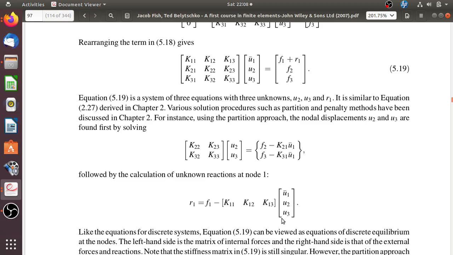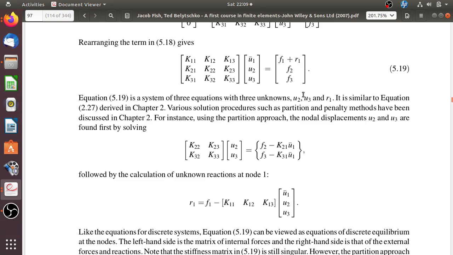Okay, here if you see, everything is known, and like that once I calculate, I also know what is the force at node 1. Okay, so this is how we calculate the nodal values for u, and also the forces at the nodal values as well.